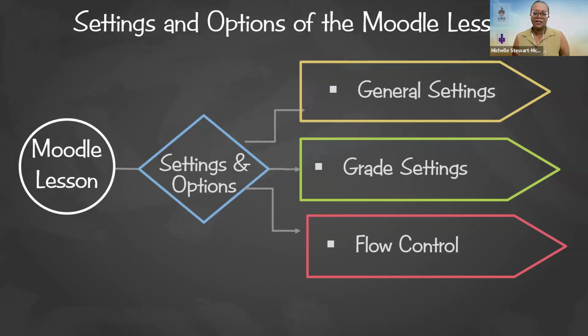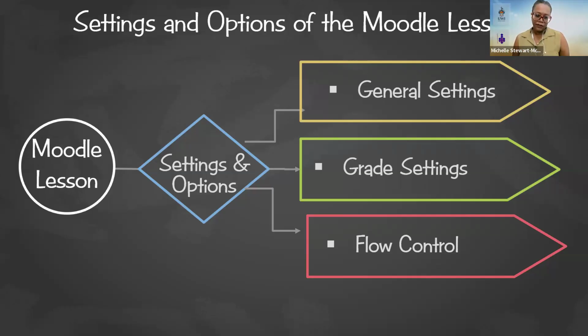We can decide as a part of the general settings if we want to show an ongoing score. So as students go through the content and have a question to verify understanding, we can decide if we want to put a grade. So if they did 2 or 3 questions, we can decide that we will show the scores that they have gotten, and we'll keep that going.